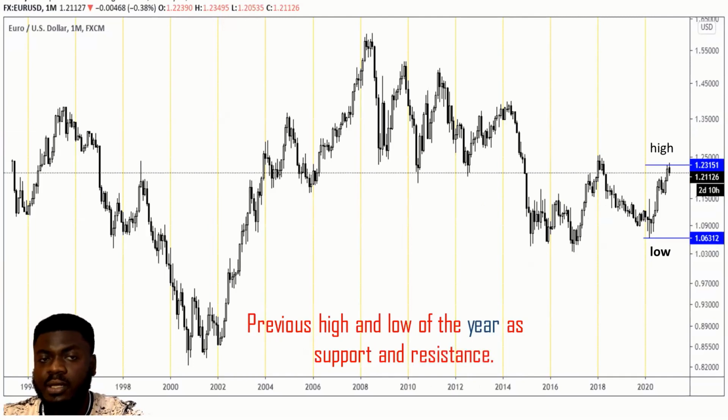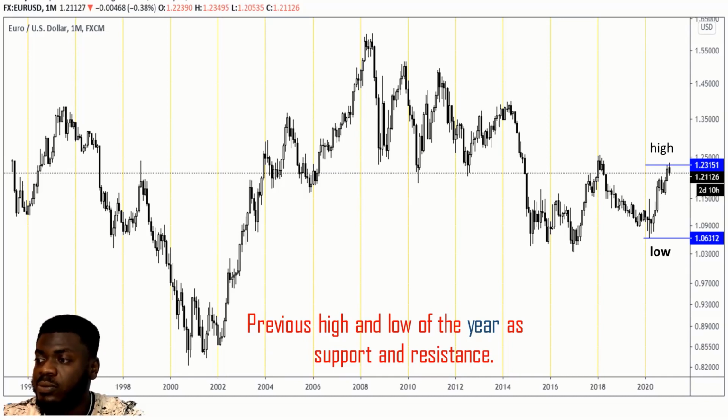So for the support and resistance levels based on price and time, we have our first example as the previous high and low of the year as support and resistance, where the highest point of the most previous year is acting as resistance, and the lowest price of the most previous year is acting as support.